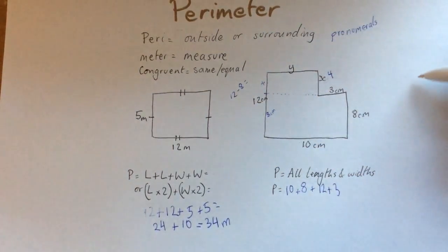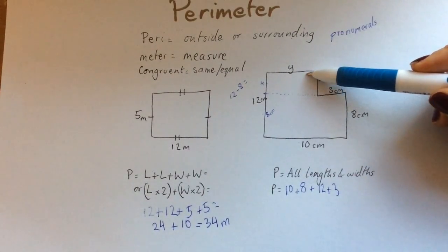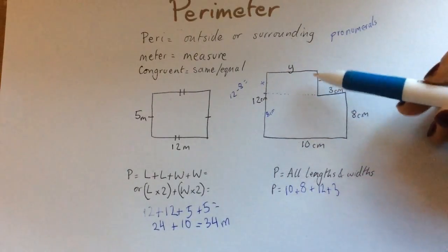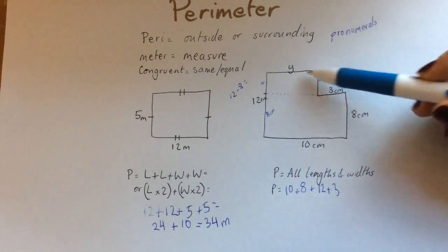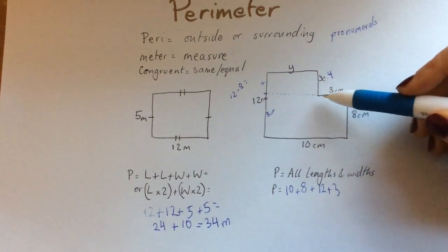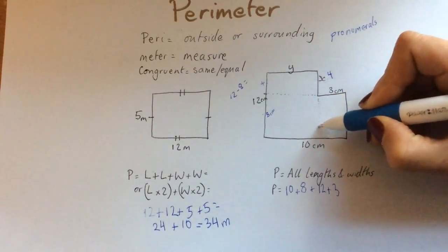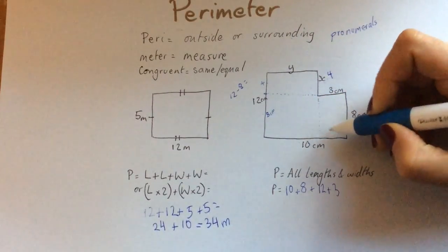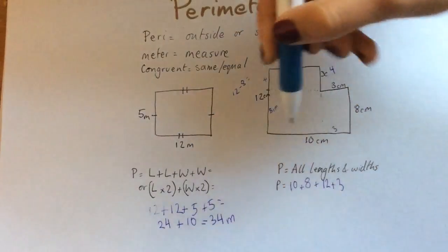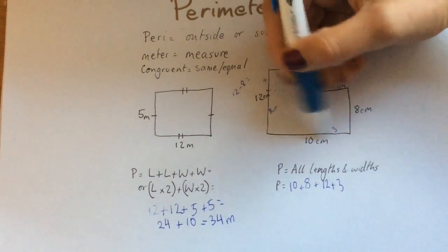Now I'm going to do the same thing to find out what this y is. I'm going to look at it from this angle though. So I'm going to draw my little rectangle down to here. The entire length of this shape is 10 centimeters this way.